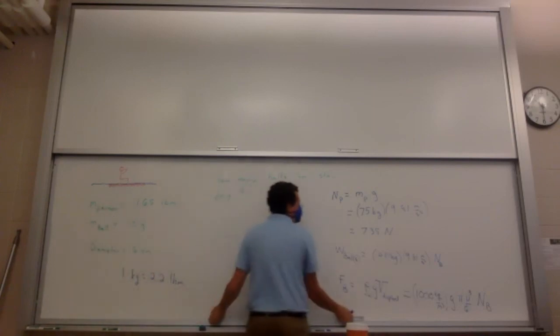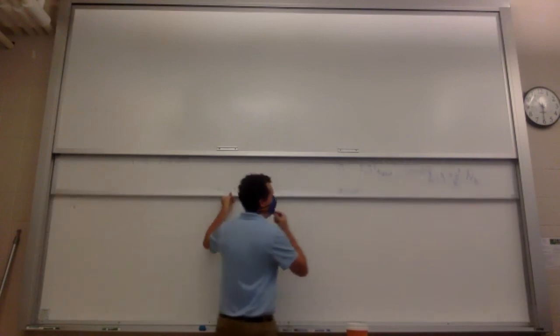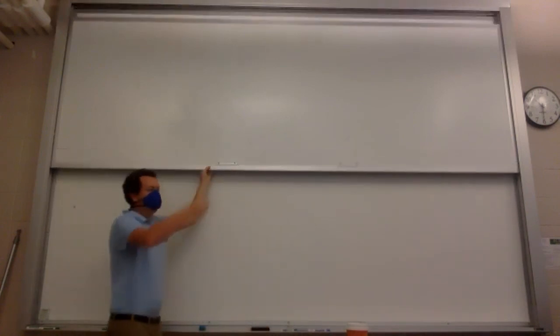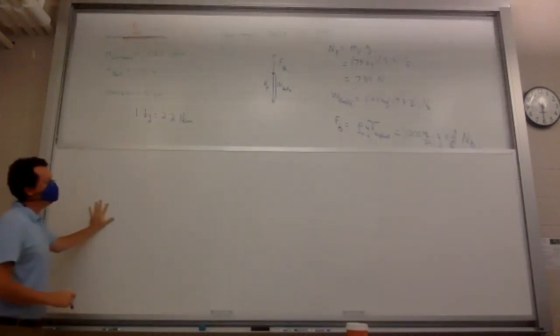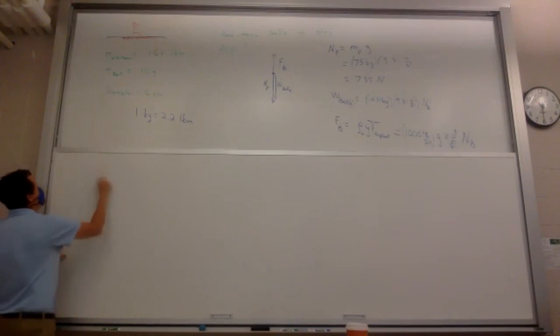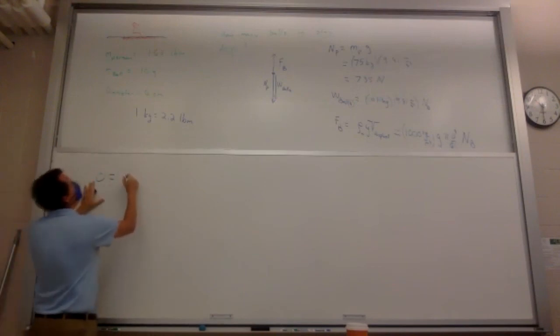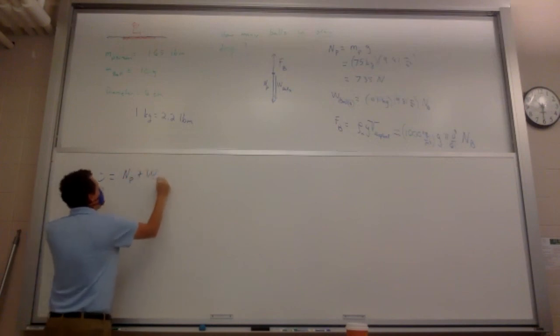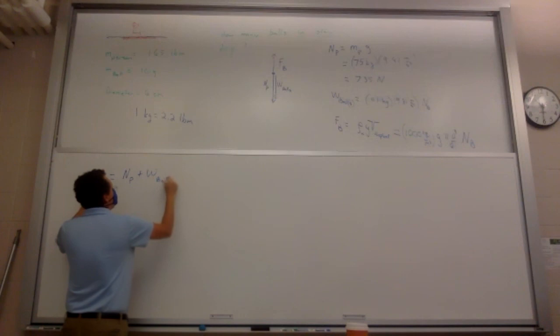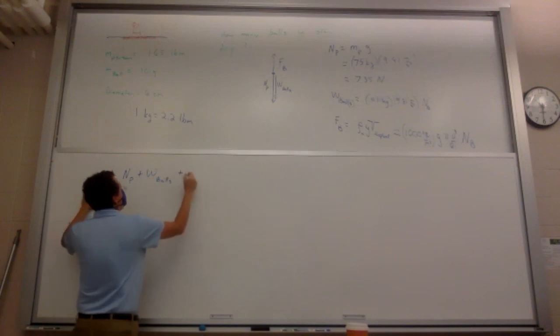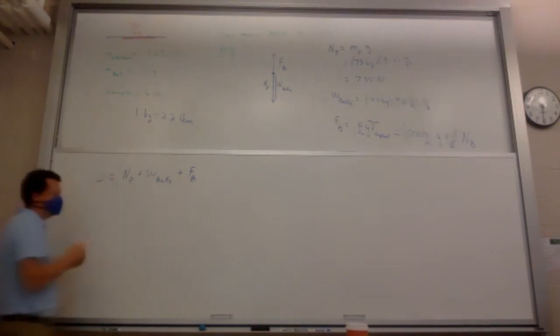That's where you get the actual equations. It's all kind of build up. The equation is going to say 0 equals the normal force from the person plus the weight of the balls plus the buoyant force. And then you have to solve for the number of balls.